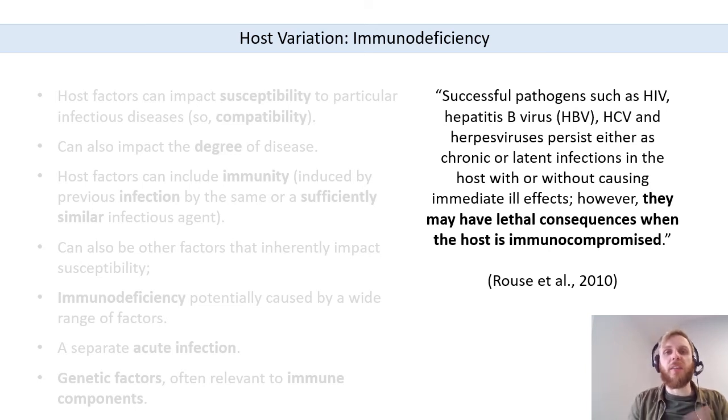And this is something we need to understand because, again, there's a significant difference between an infection that has mild symptoms compared to an infection that has quite severe symptoms. And this can come down to the immune state of an individual.